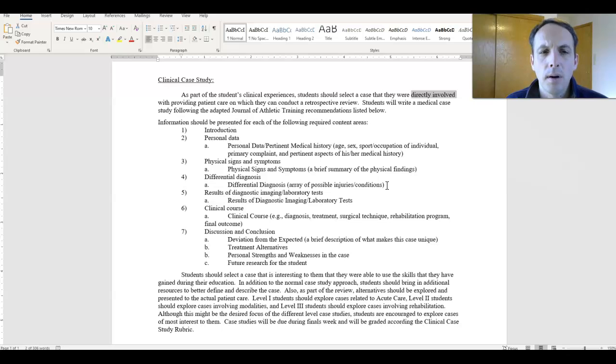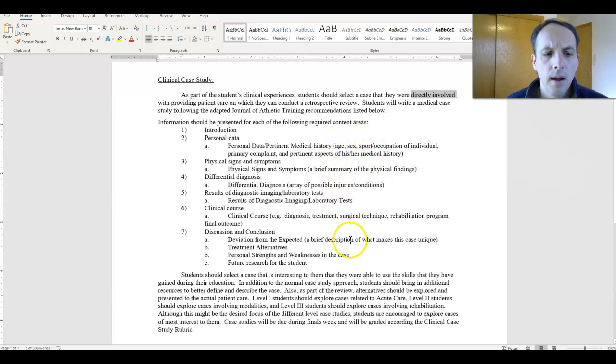It's just a lot more work because you have to get a lot more information from those that were actually providing the patient care. And so my recommendation is to choose a case that you were more involved in than a case that you find more interesting.